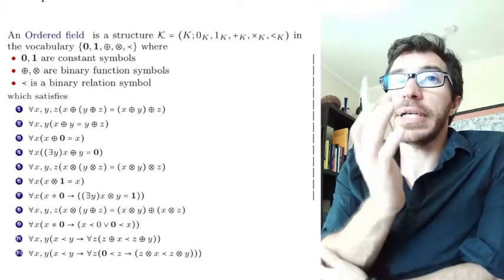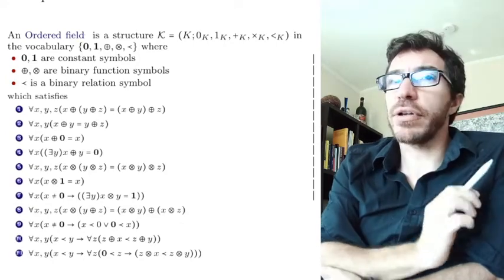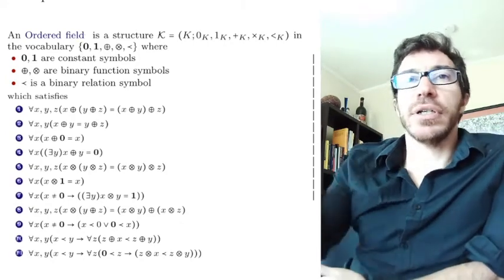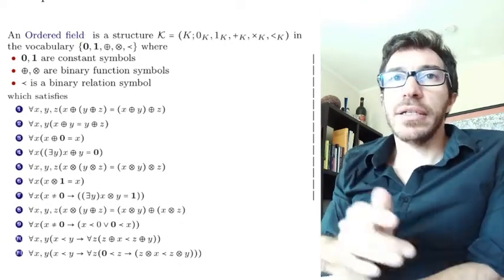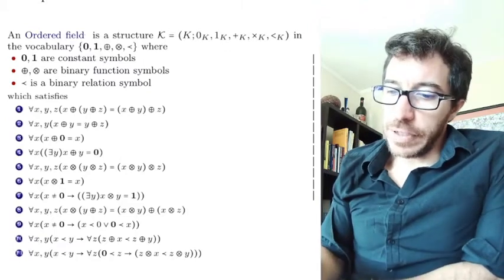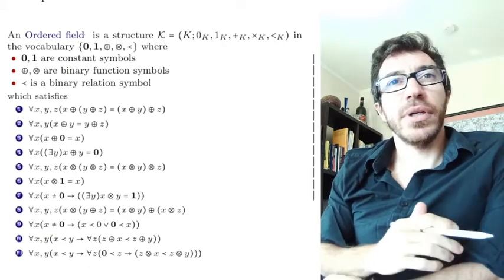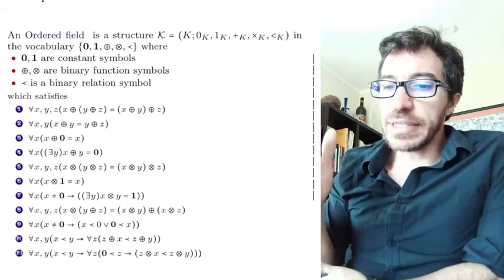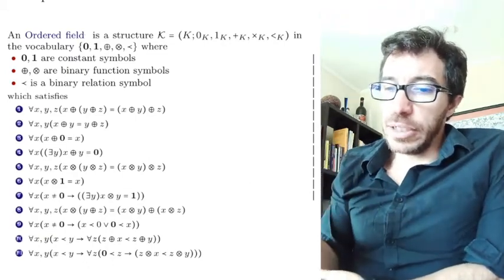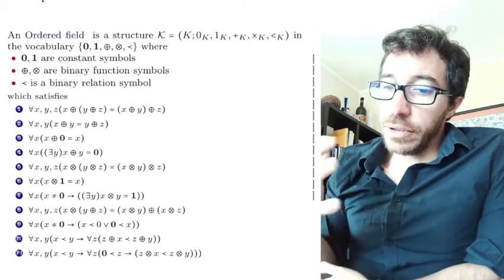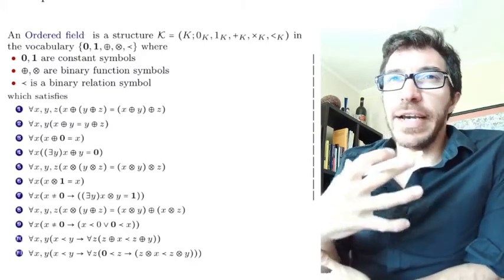The complex numbers are a field, but they are not an ordered field. There's no way to put an order among all the complex numbers in the plane to make it an ordered field, to satisfy the properties that the order plays well with addition and multiplication.